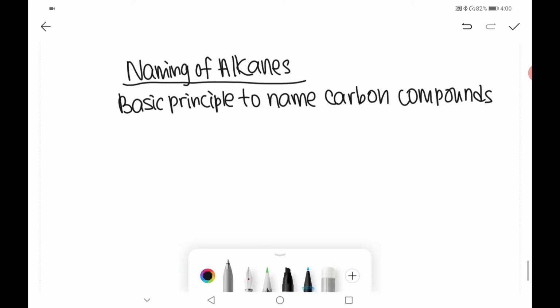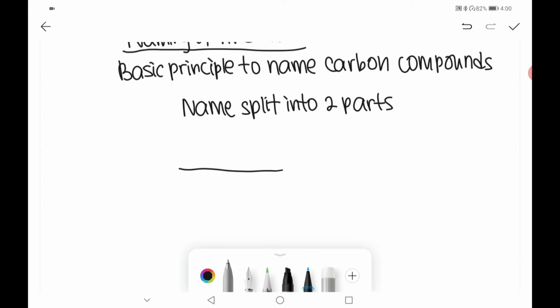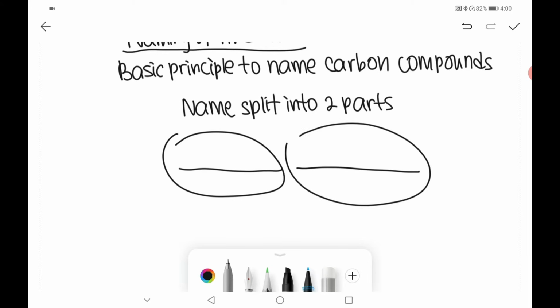You need to understand that the name is actually split into two parts. For all the carbon compounds, we have two parts of the name: the front part and the back part.